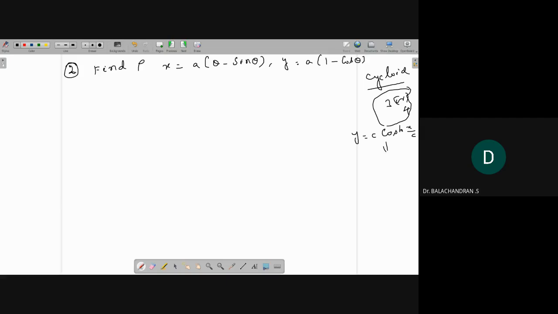This curve looks like a hanging chain. Now I leave this part to you. Please check on the net how cycloids look, how many cycloids there are, and how a catenary looks.